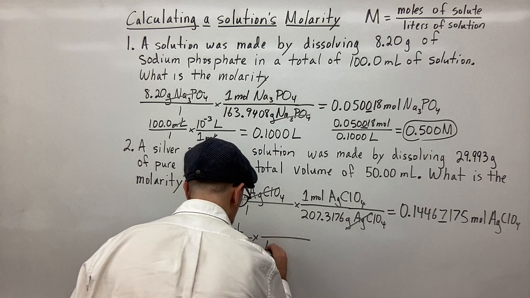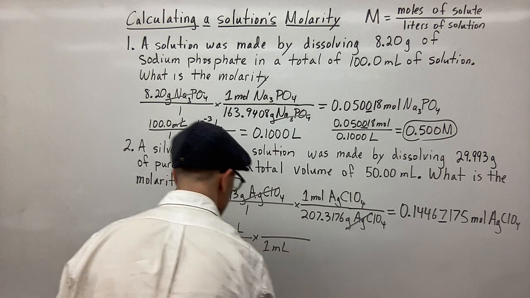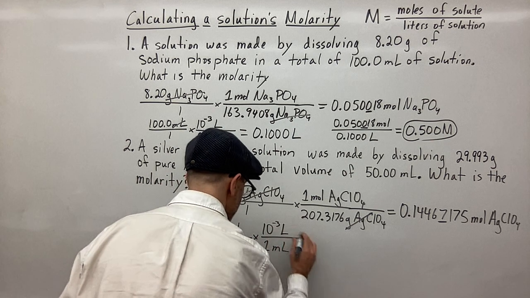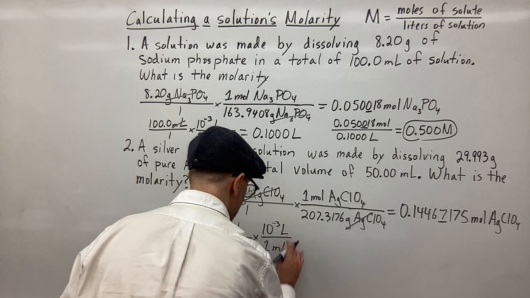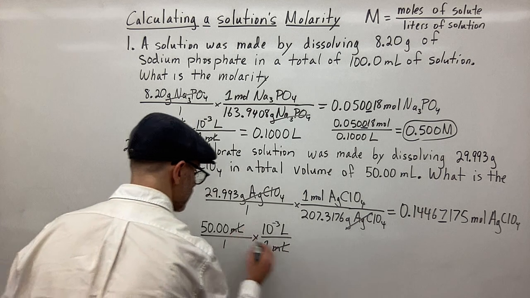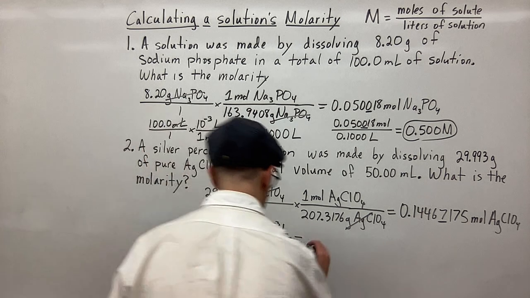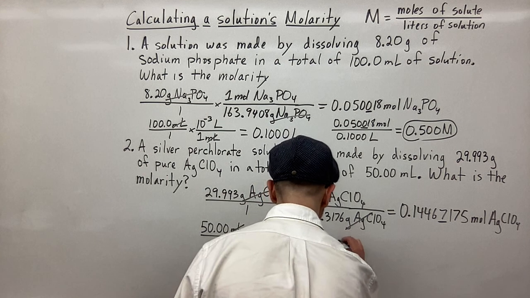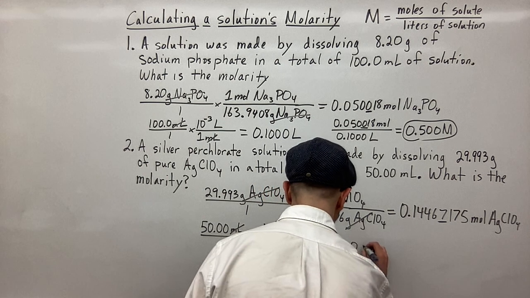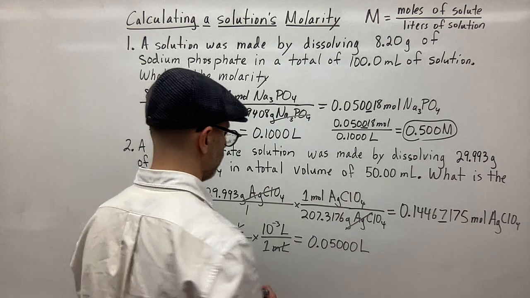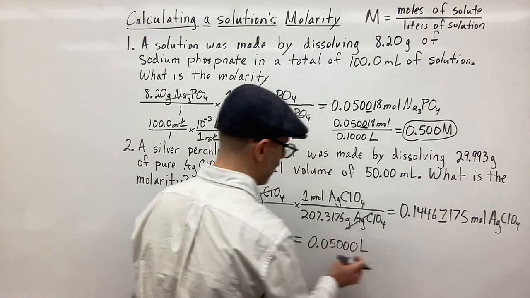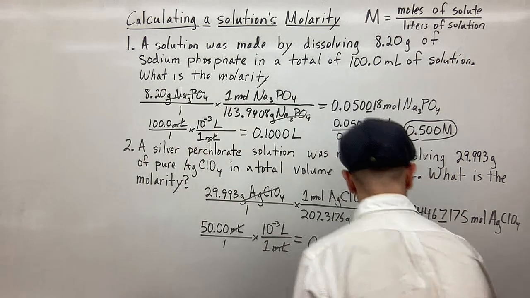So we have 1 milliliter on the bottom, 10 to the negative 3 liters on top. Milliliters cancel out, and when we do that, we get 0.05000 liters of the solution. Now all we need to do is take moles divided by liters, and we've got our molarity.